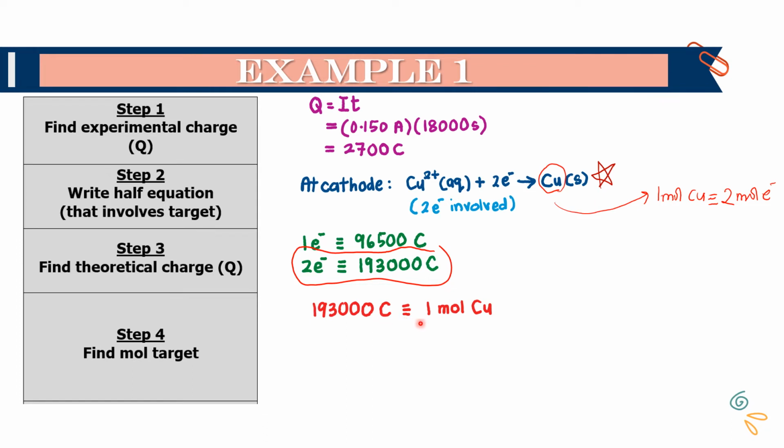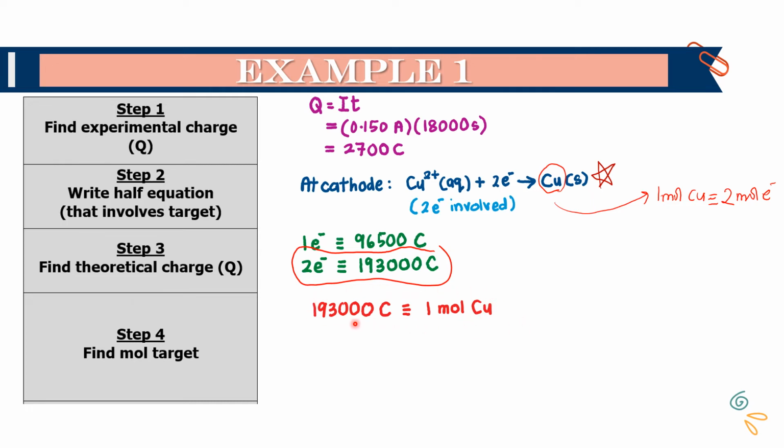193,000 coulomb of charge is for 1 mole of copper. So katakan pada target equation awak dekat sini adalah untuk 2 mole, so dekat sini awak akan tulis 2 mole lah. Tapi dekat sini 1, so 1 mole. Jadi yang dibekalkan kepada kita, yang atas ni adalah teori.